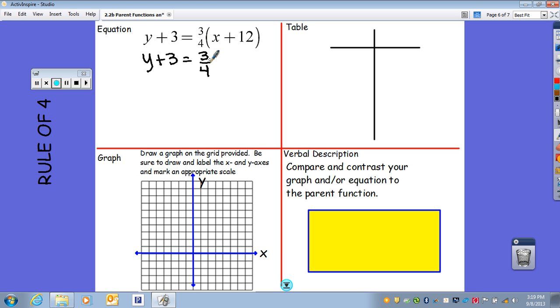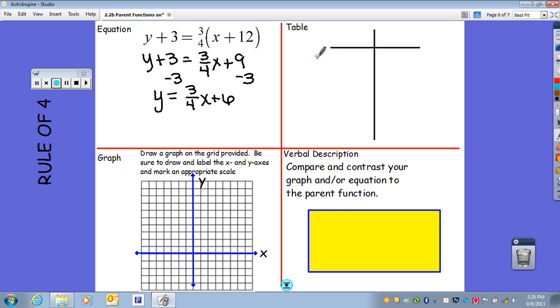And then we're going to multiply 3/4 times 12 over 1. When we do that, we get 36 over 4, which is 9. Next, we need to get the y by itself, so we're going to subtract 3 from both sides. So we get y is equal to 3/4 x plus 6.